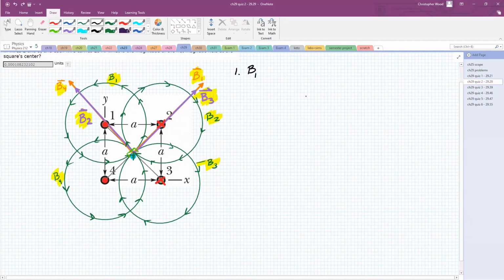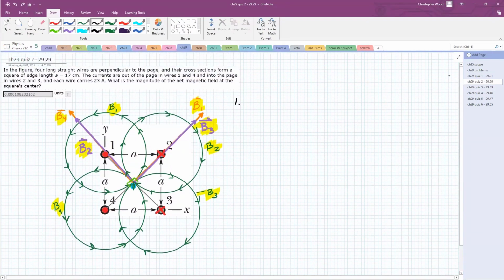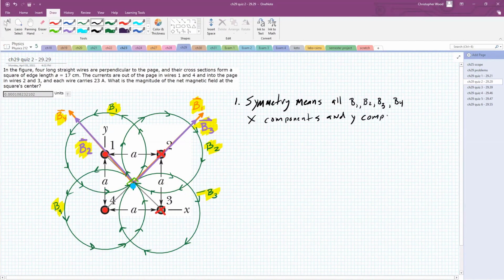All right, so I'm going to back off a bit and say, because of symmetry, all B1, B2, B3, B4 X components and Y components are equal in terms of magnitude.